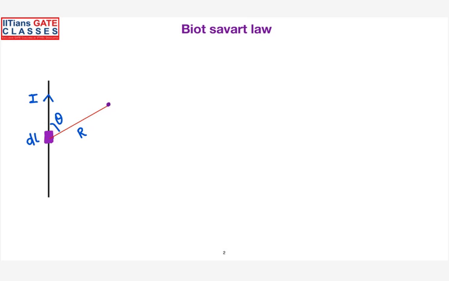That means it will not give the magnetic field here due to the entire wire. You take a small portion of the wire, which I can call a differential length dl. So the Biot-Savart law gives the differential magnetic field due to this current element. First of all, the terminology: what do you mean by current element? The current element is nothing but the current I flowing in a differential length dl.